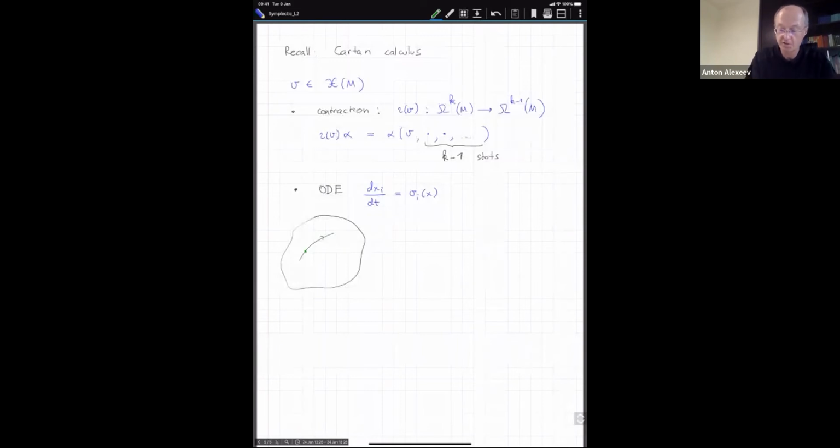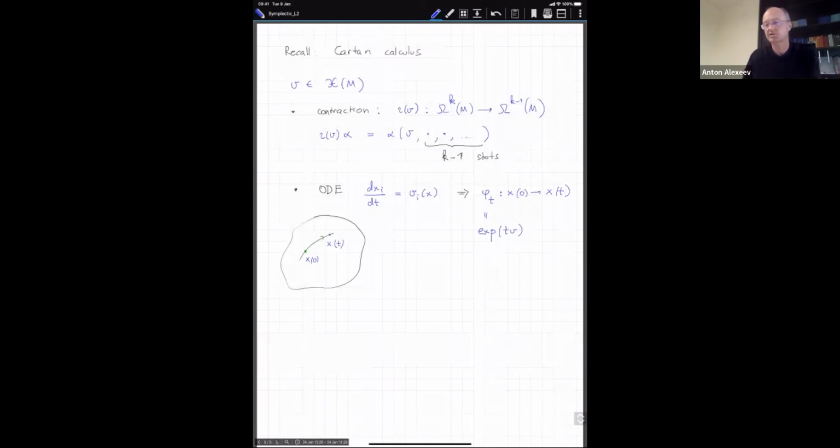This would define for us maps phi t, which map x of 0 to x of t. You have some initial condition, and after time t you arrive at the point x of t. Sometimes this is also denoted as an exponential of tV.